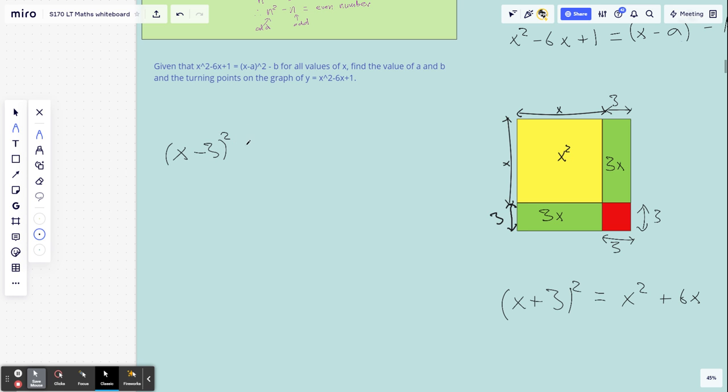So if we just concentrate on that bit to have a little play, we'd get x squared minus 6x, which is great, but then we'd have plus 9.